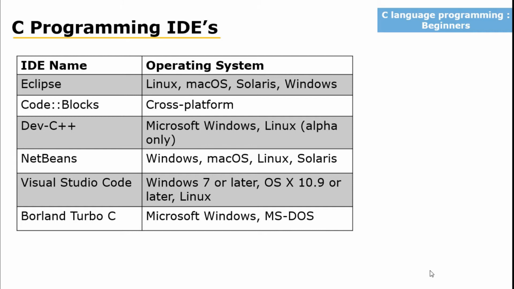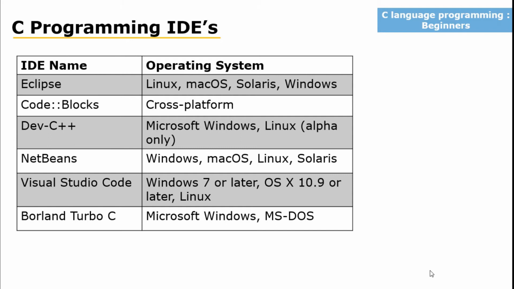Now, I would like to show you the execution of a C program using Code Blocks IDE. I already installed Code Blocks on my machine. How to install Code Blocks? I created a separate video and put the link in the description box below this video. Please check.